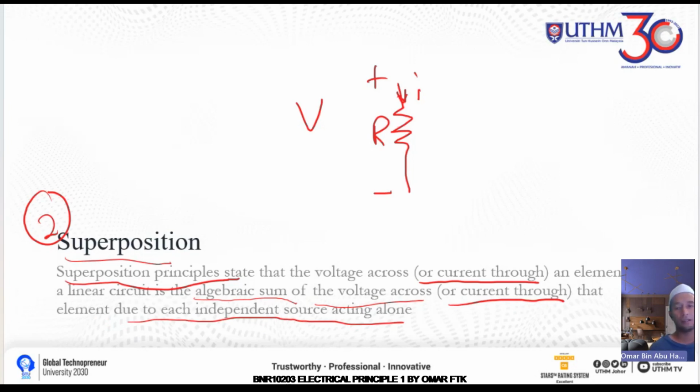So this is the concept of superposition.